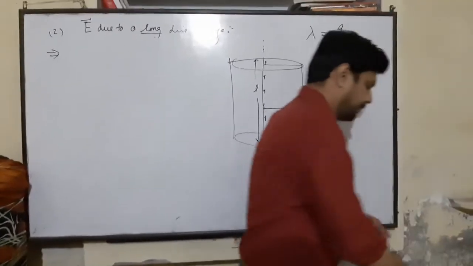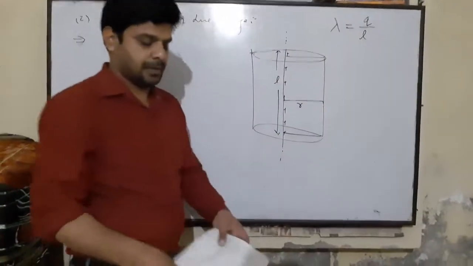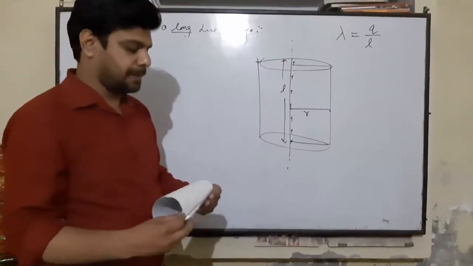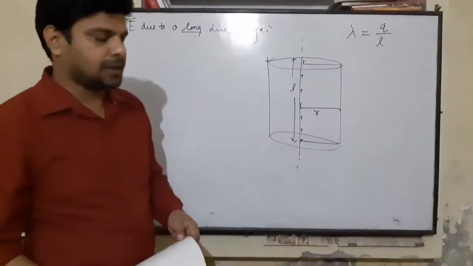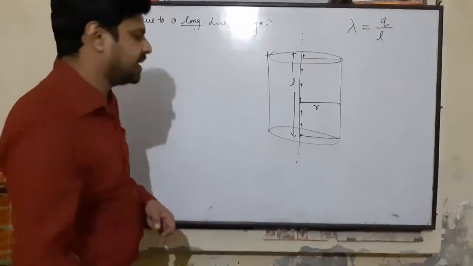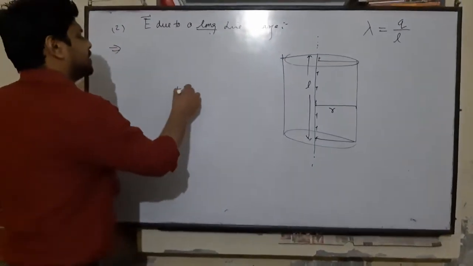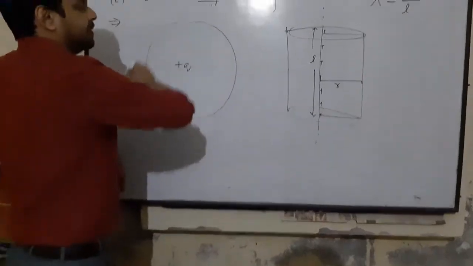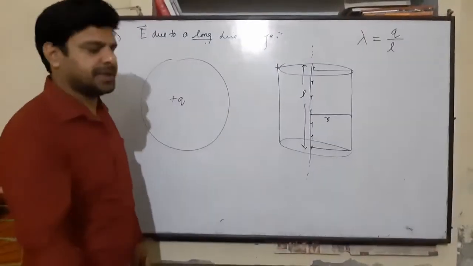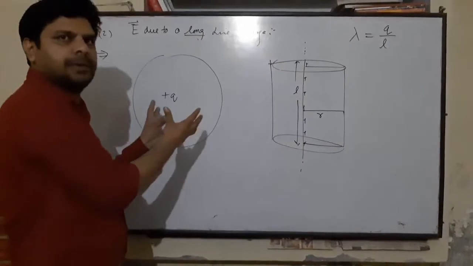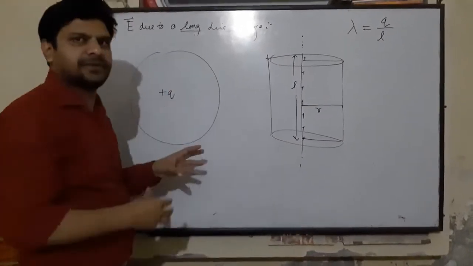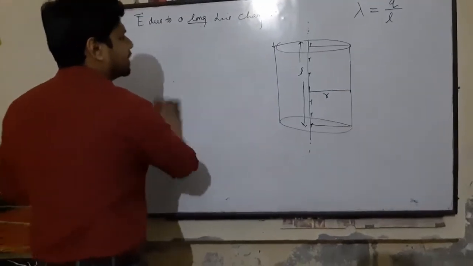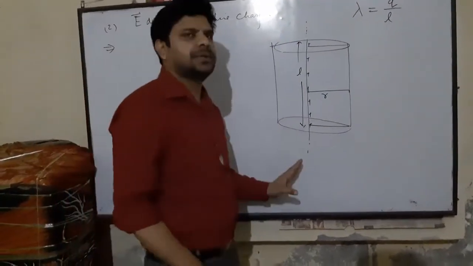In Gauss theorem, we calculate the total flux passing through a closed surface. If we have a point charge, the Gaussian surface is a sphere, which is a single surface body. But in this application, we have a line charge.